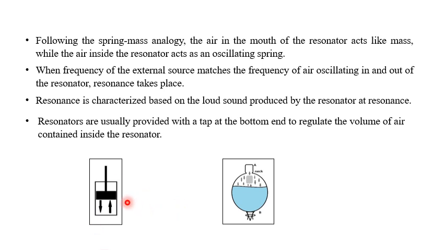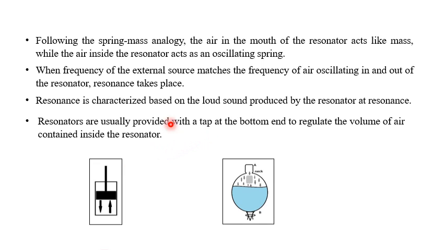In the case of a Helmholtz resonator which you have all done in the lab, the external source is the tuning fork. When the frequency of the tuning fork matches the frequency of the air that is oscillating in and out of the resonator, then we say resonance takes place. That's when the loud sound is produced.